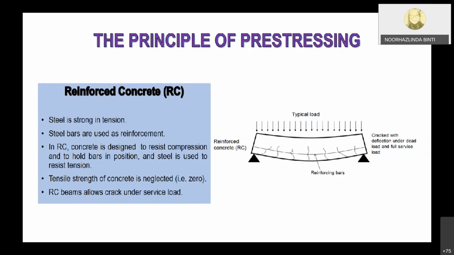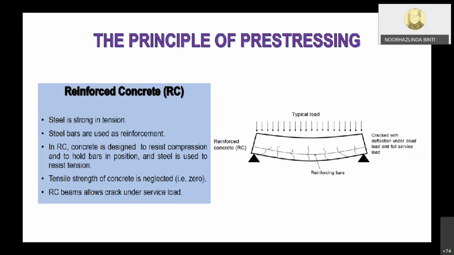But still in this reinforced concrete, cracks can happen. We cannot eliminate that cracking. Cracks still can happen, but we can limit that cracking. Since RC is easily cracked, the problem will be corrosion. The RC beam, for this particular case, will face the problem of corrosion because of the existence of this cracking.